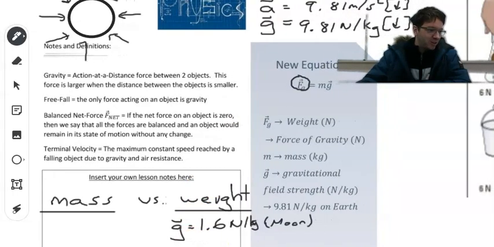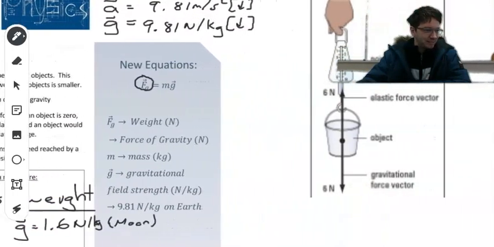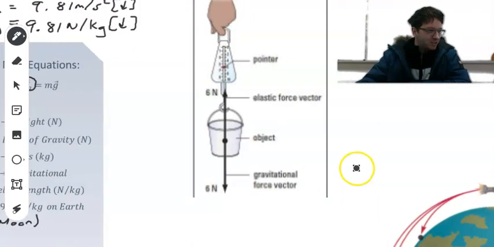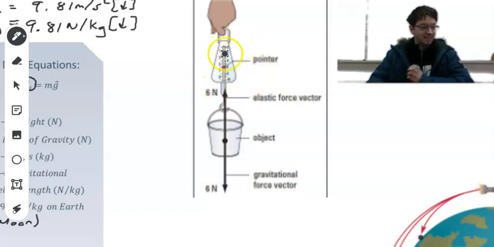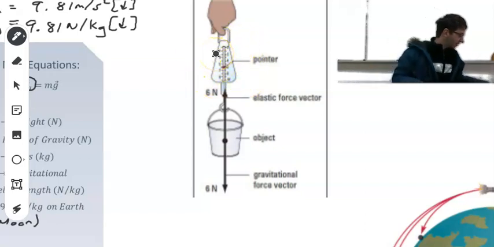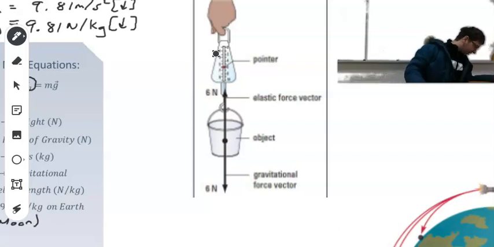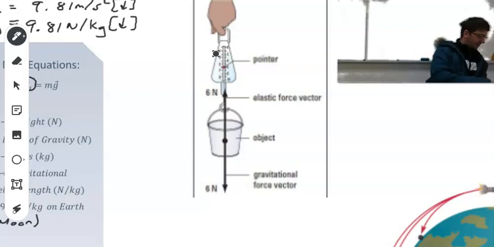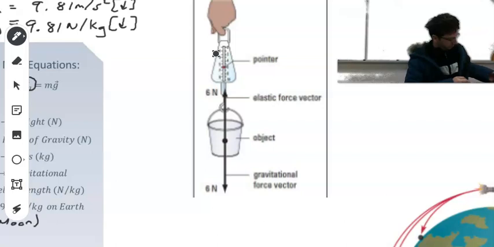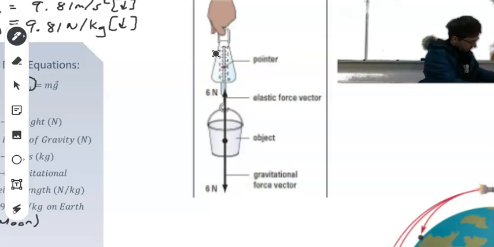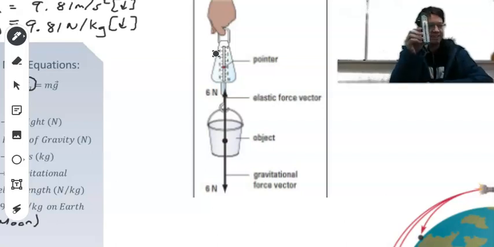Okay, so we do talk about newtons a lot. Now usually when we're in class, and maybe when I do have you guys here in a few weeks, we'll actually test it. So there are these things called Newton's scales, which I do have one here. This looks like this.